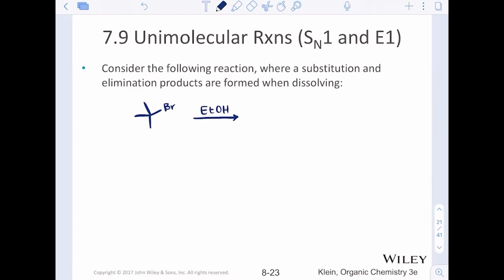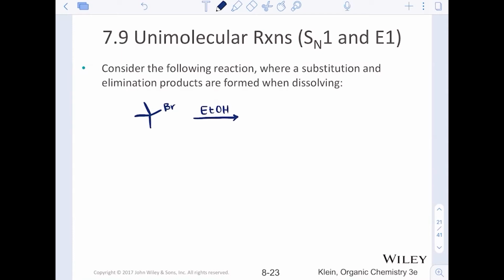So for SN2 and E2 reactions that are concerted, we would want a polar aprotic solvent. Now that we have a polar protic solvent, these actually stabilize the cation that could form a positive charge because of the ability of the oxygen to have ion-dipole forces.